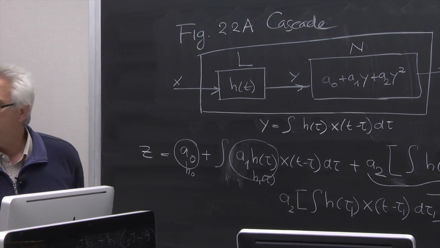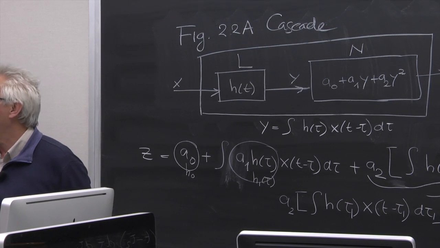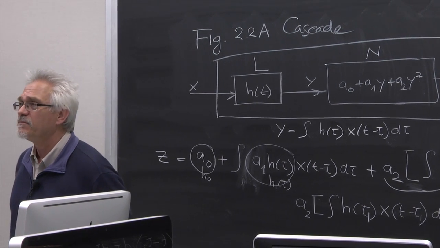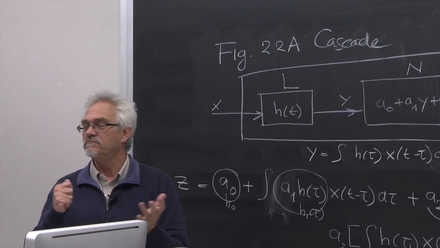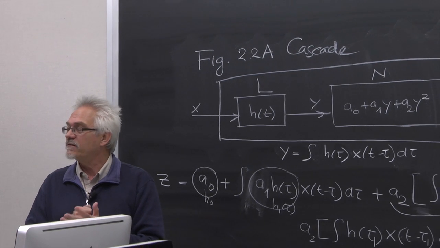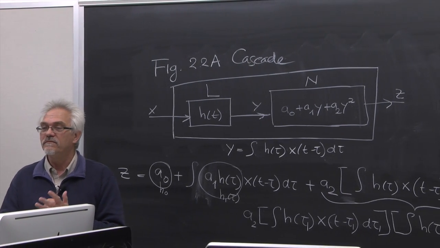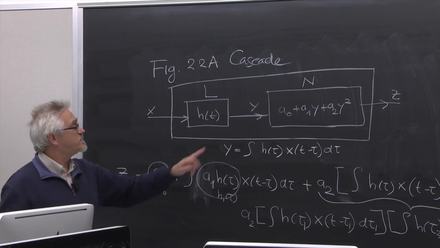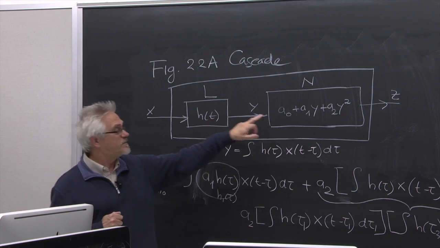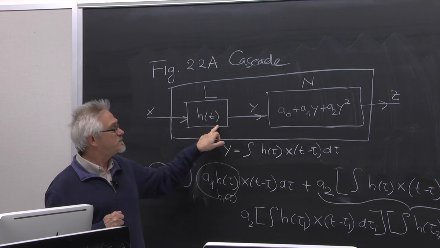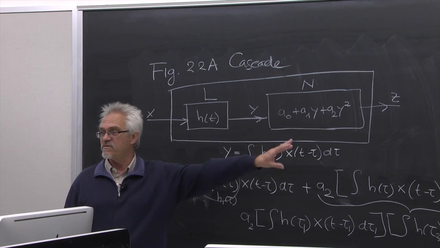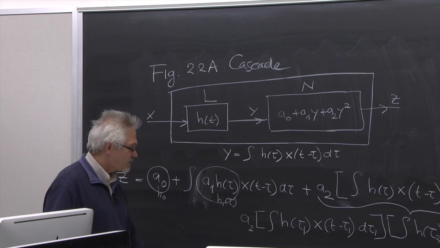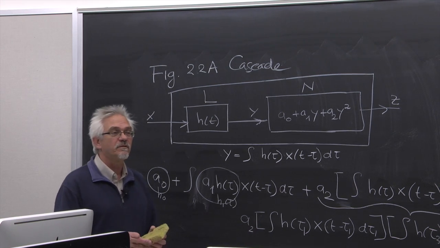Now let's make this system static again. Let me ask you, where is the dynamic component in this cascade? I actually said it a while ago, but the dynamics is here, isn't it? Because this is static, so the dynamics is here. So if I remove the dynamics, I can make this system static again. I can easily remove the dynamics by doing this.